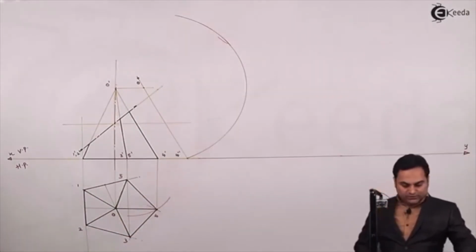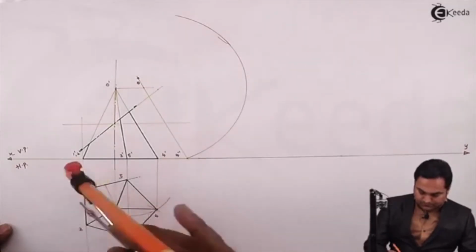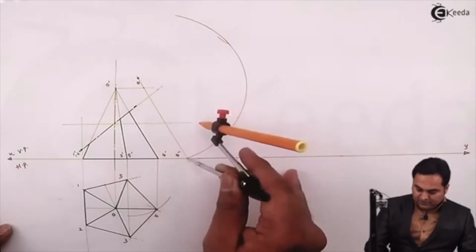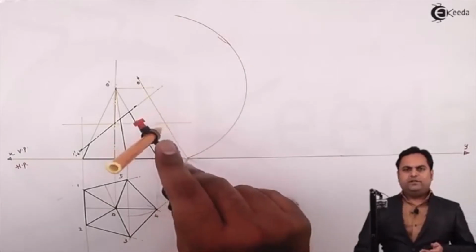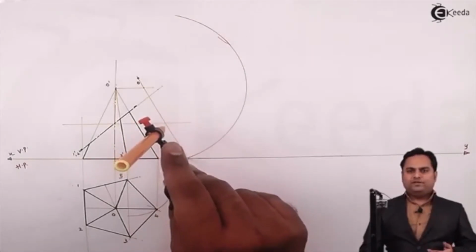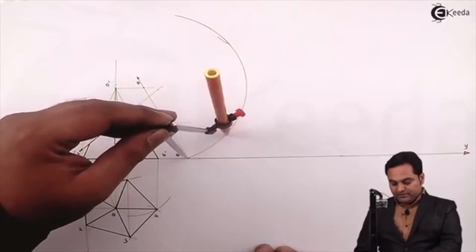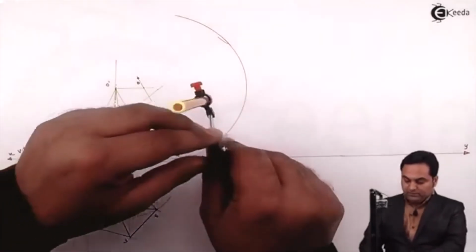Now here I'll measure the base edge keeping this distance. I'll divide this arc into 5 parts because it is a pentagonal pyramid. If it would have been a square pyramid, then I would have taken 4 parts, or if hexagon, then 6 parts. So here I'm dividing it into 5 equal parts.